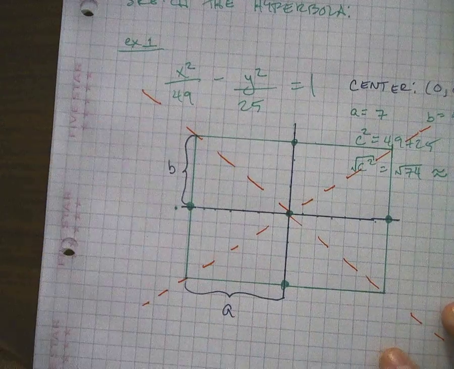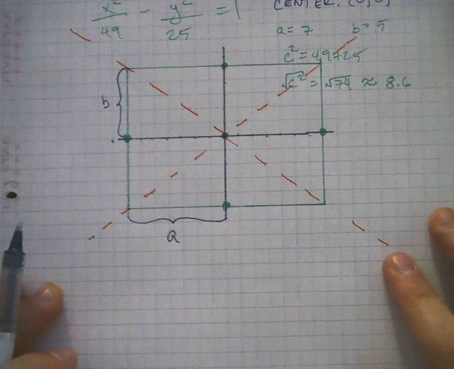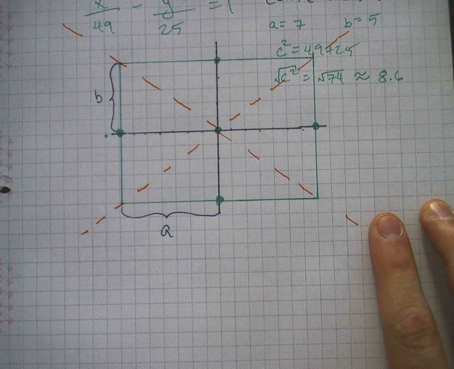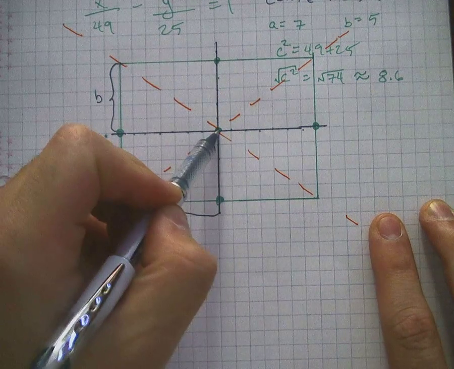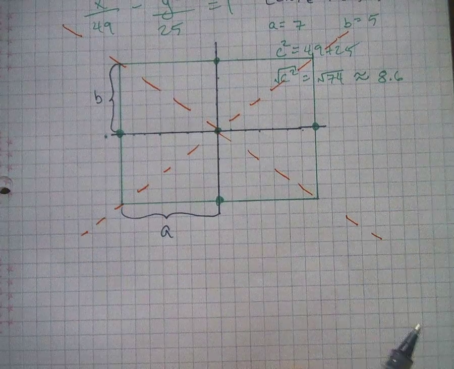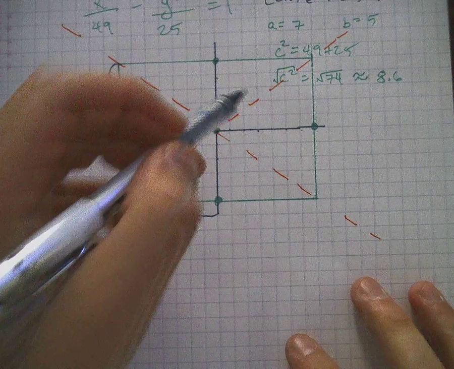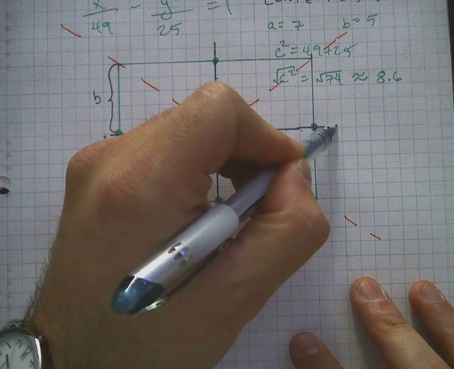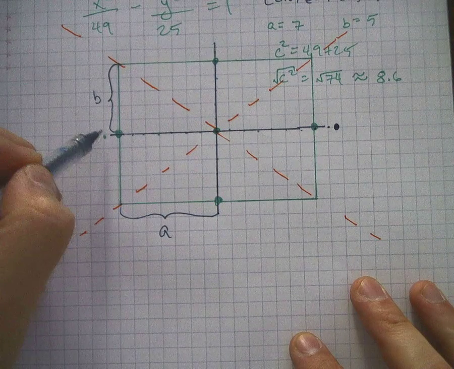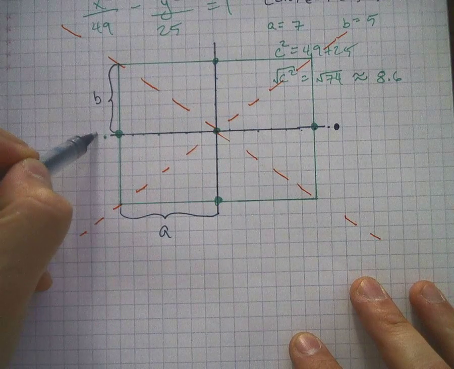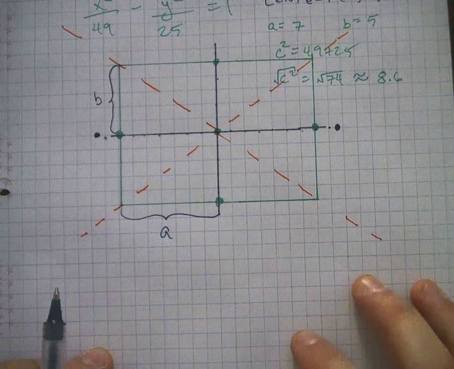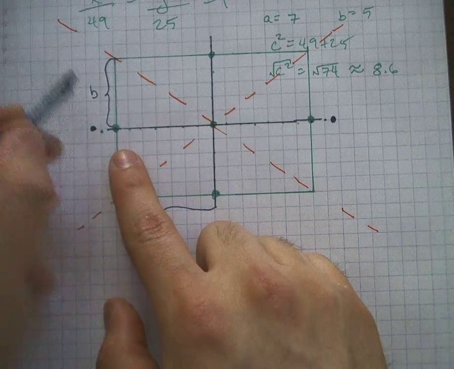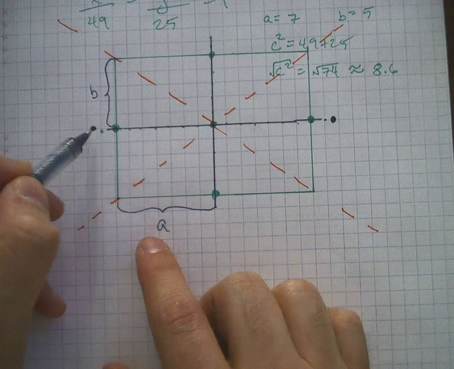And the final dimension I have is going to be dimension C, which is the distance from the center to the focus. And the focus is 8.6 away. So this is 7, this is 8, that's about 8.6 right there. So I have the vertex, I have my end behavior, I have my focus.